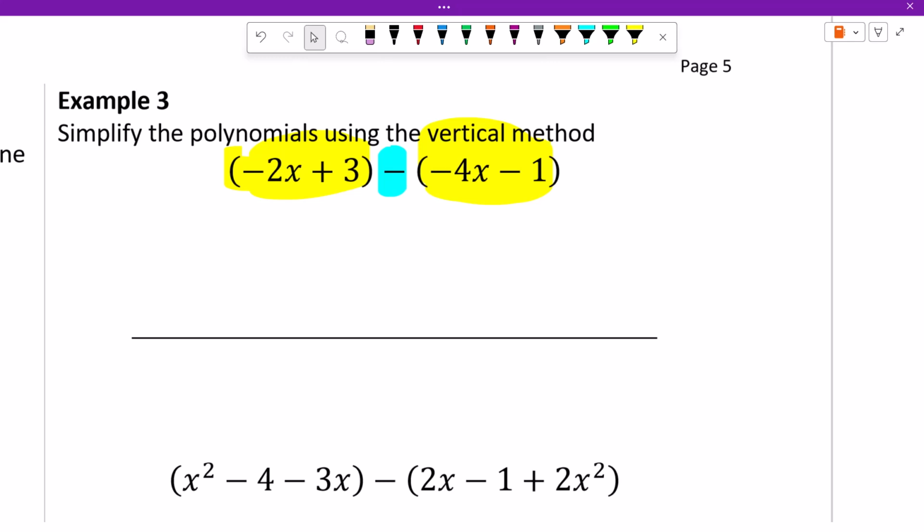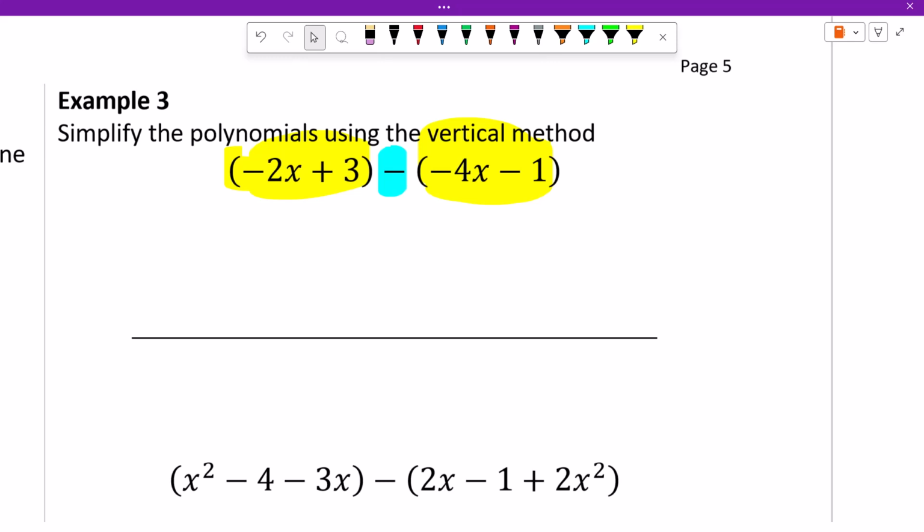So this negative sign belongs to this 4x, and it also belongs to this 1. So we need to show that. And it's kind of hard to do that going horizontally.